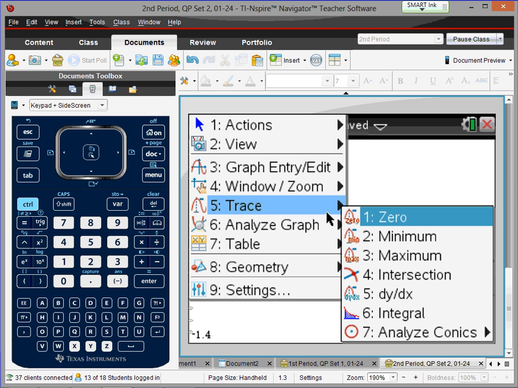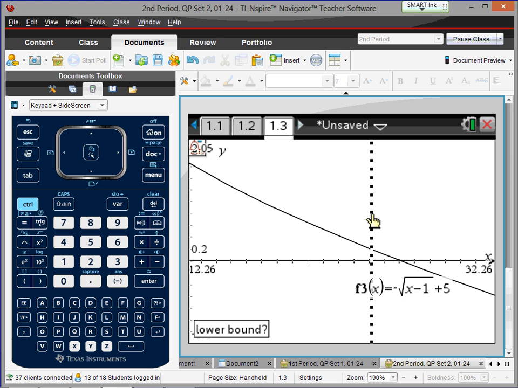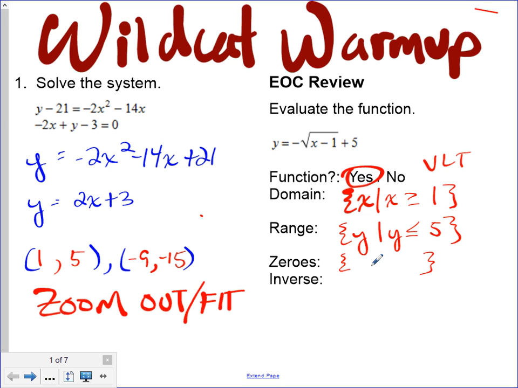Good. That's a great way to do it. Press once, highlight it, and there it is. 0, 260. Any other ways you could have found those coordinates? I can think of one other way. Yep, you could have traced.